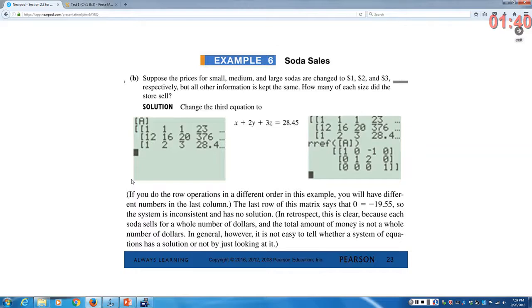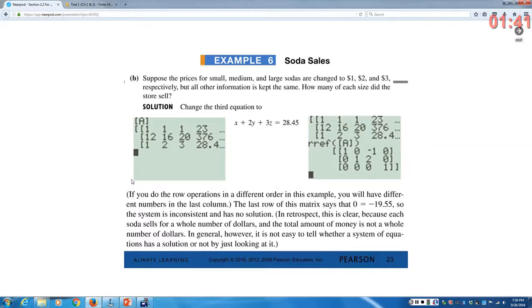All you have to do is go back in and change your cost of your sodas, your bottom row. What happens when you get that is that you wind up with an inconsistent system.